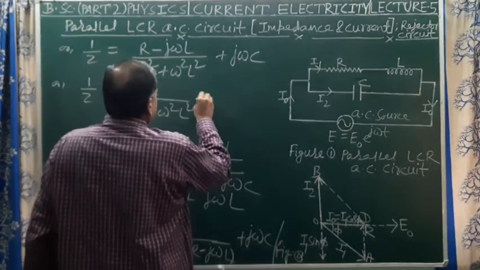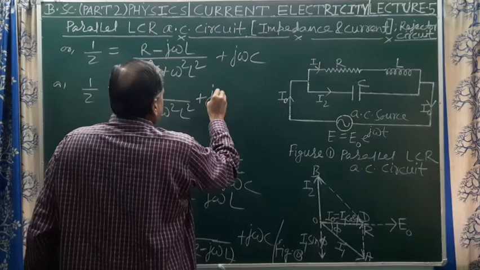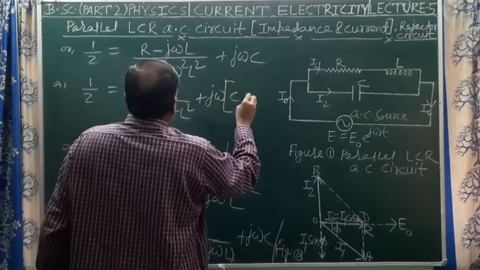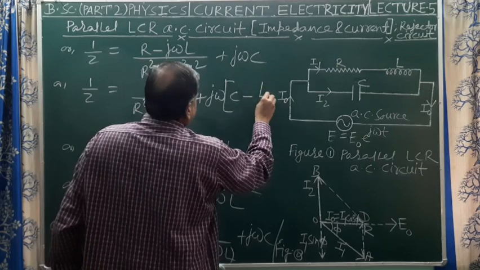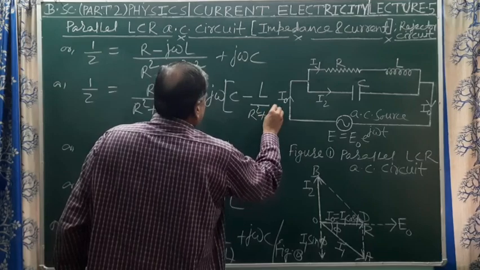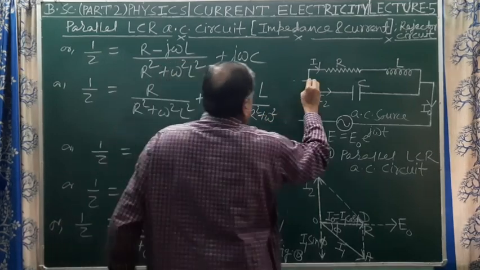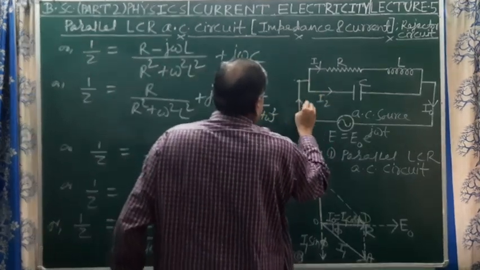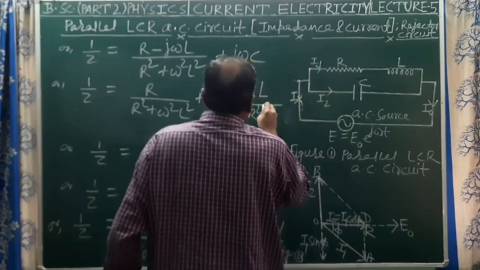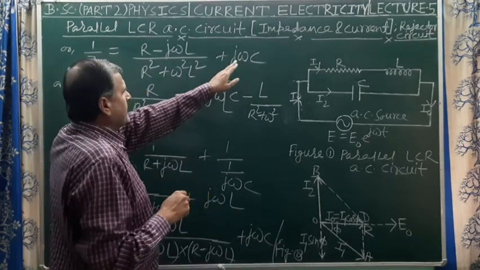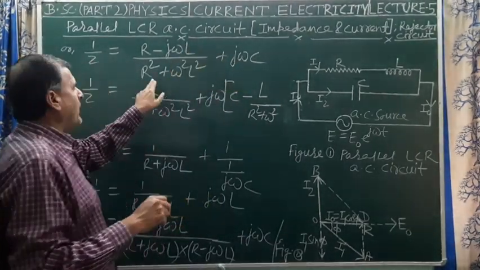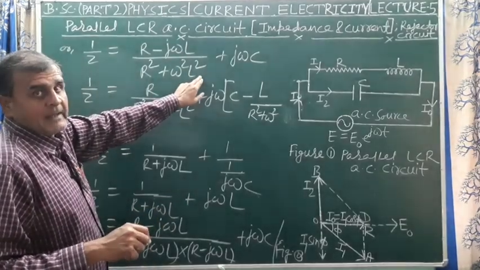So taking j omega common in both terms, we have j omega C minus j omega L upon R square plus omega square L square.